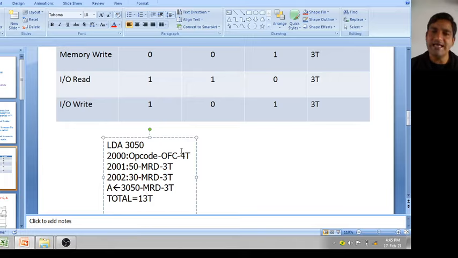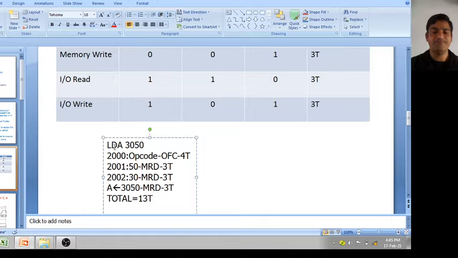You know HL is already part of the microprocessor, so the extra 6T, meaning these two memory reads and this memory read in the middle, are not required in case of MOV A comma M. The microprocessor already knows the values of H and L, because H and L are an internal part of the microprocessor.